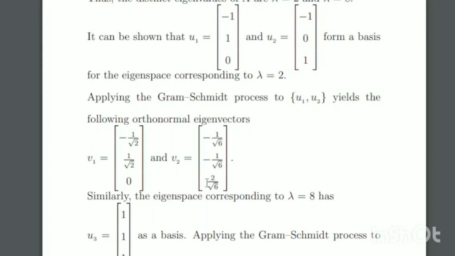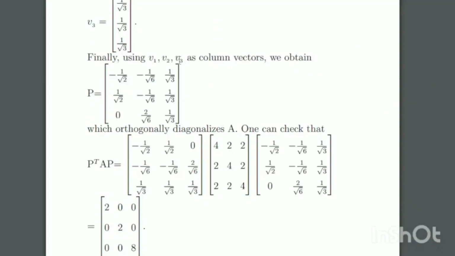Similarly, for the eigenvector U3, the corresponding element V3 is (1/root 3, 1/root 3, 1/root 3).